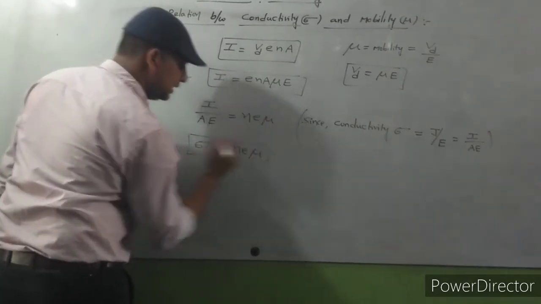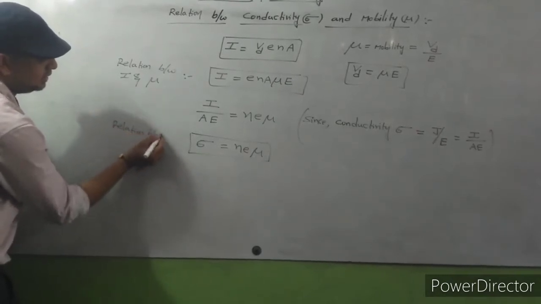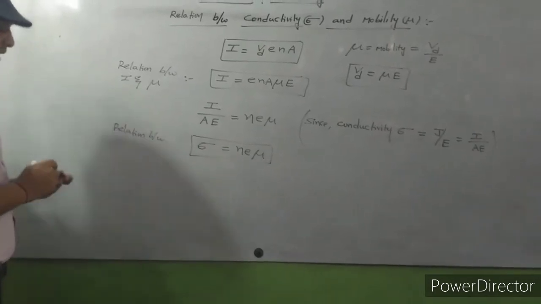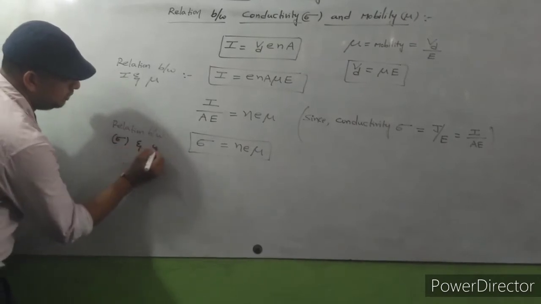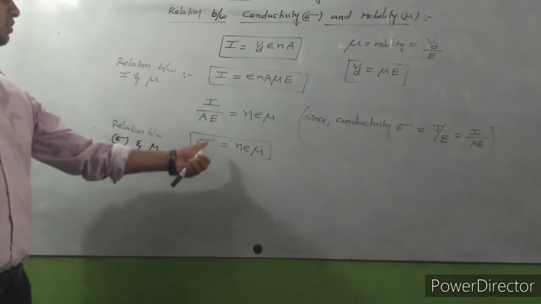So this is a relation between conductivity sigma and mu. This is the relation between sigma and NE mu. Sigma is equal to NE mu.